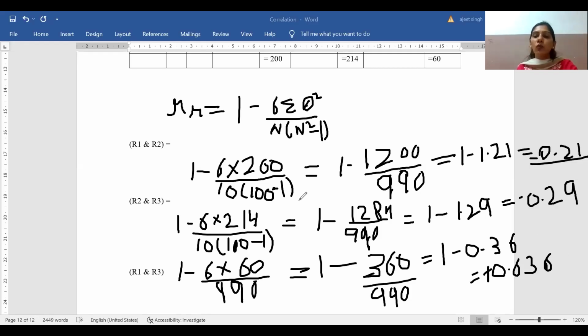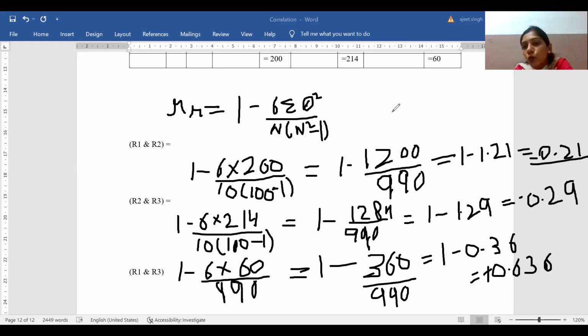So this is how we calculate the coefficient of correlation with the help of ranking method when there are three variables given. As in this question we have seen that the relation between the judgment of judge 1 and 2, and of judge 2 and 3, is negative.